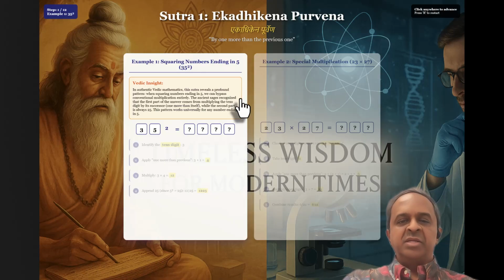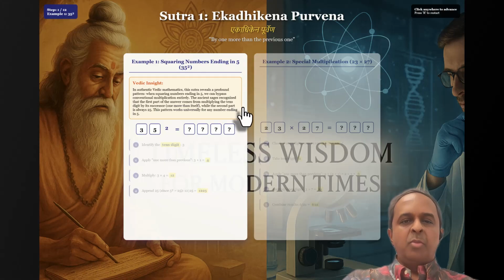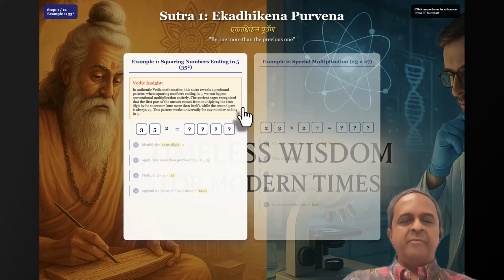The ancient sages recognized that the first part of the answer comes from multiplying the tens digit by its successor, okay? One more than itself. While the second part is always 5 times 5, 25. So this pattern works universally for any number ending with 5.